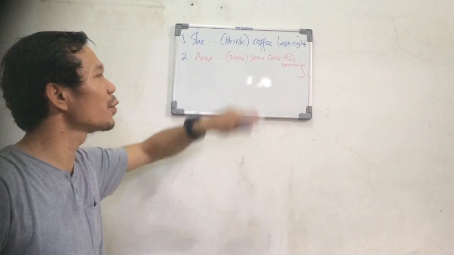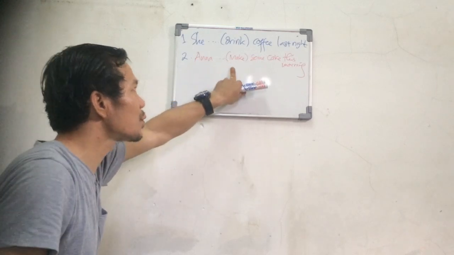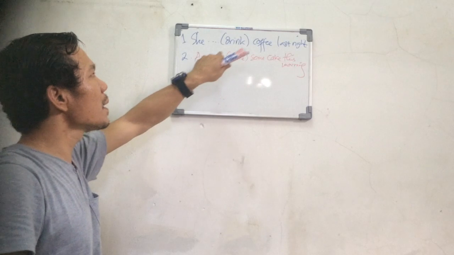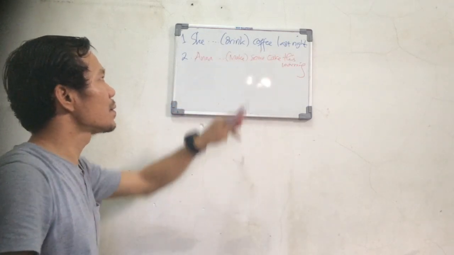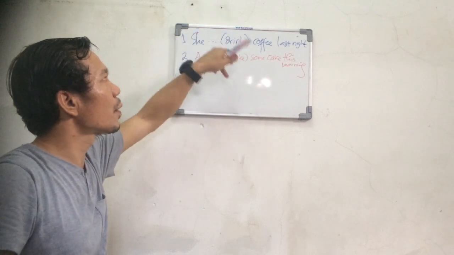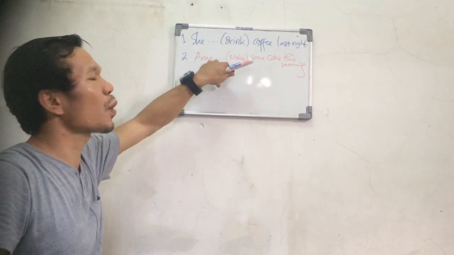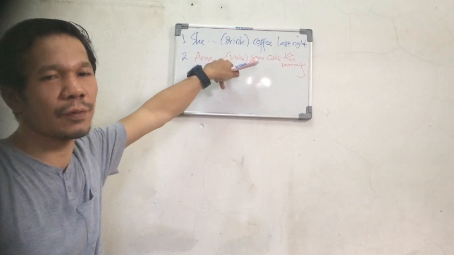The verb 1 is make, so you have to change this into verb 2. Okay, so those are irregular verbs, not regular verbs, right?